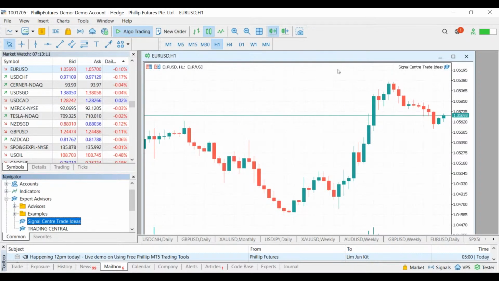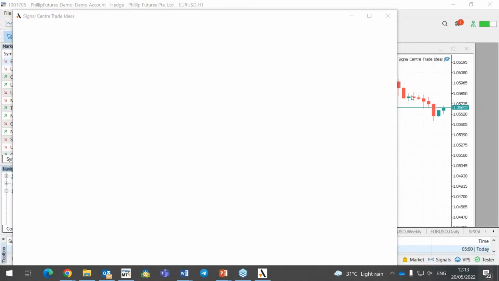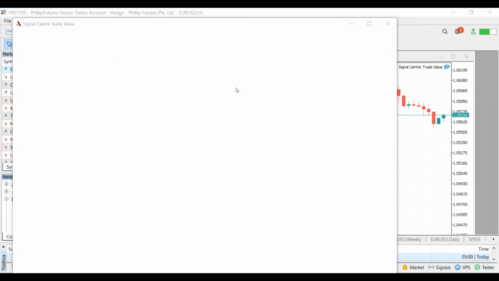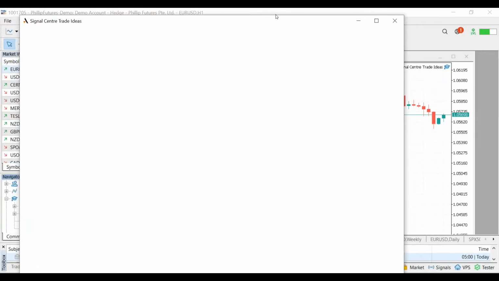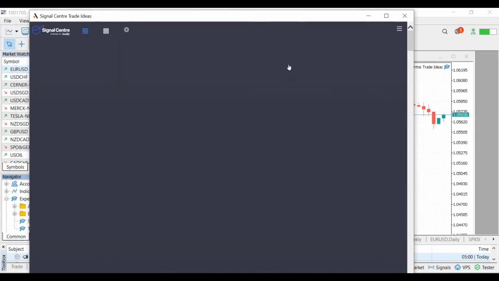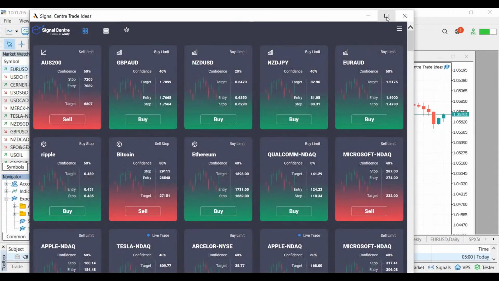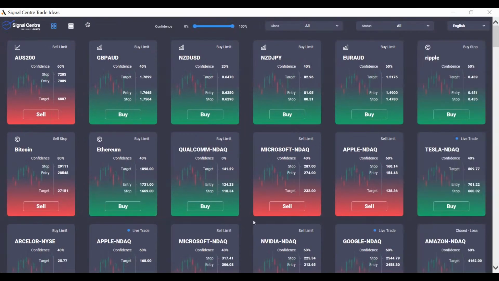Once you launch, it will take a couple of seconds. Oh, let me adjust my screen sharing option. Okay, a pop-up window will appear like this. Welcome to Signal Center Trade Ideas. For demonstration purposes, I will maximize this window.